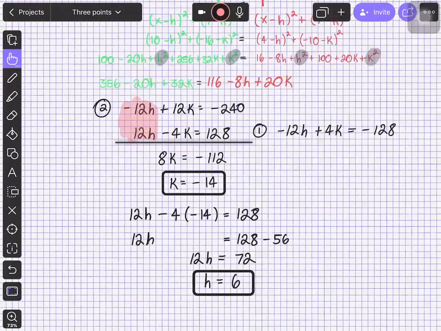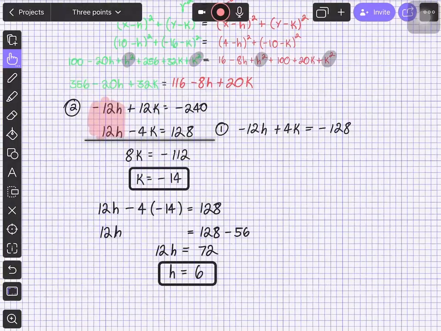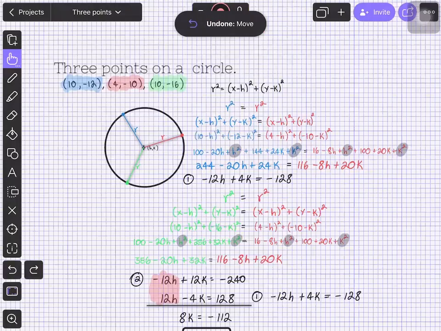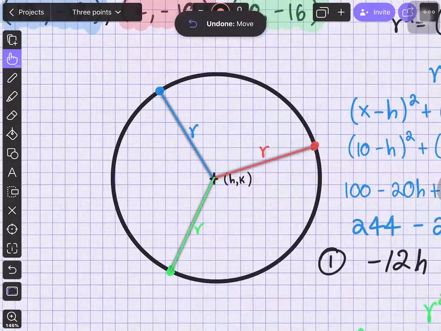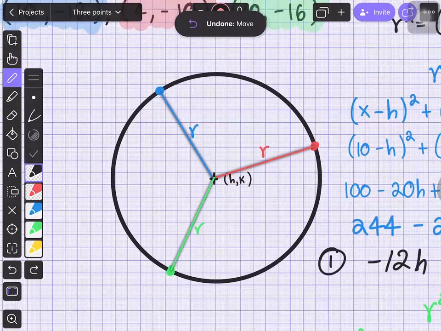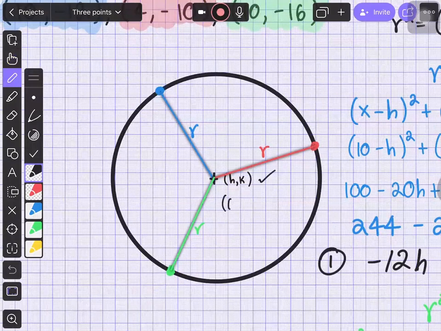Now, if we go back here, we have the center. It's already here: 6, negative 14.